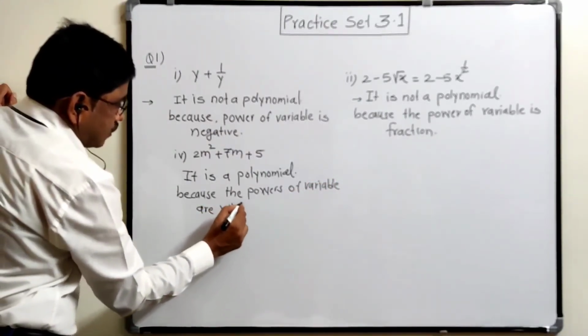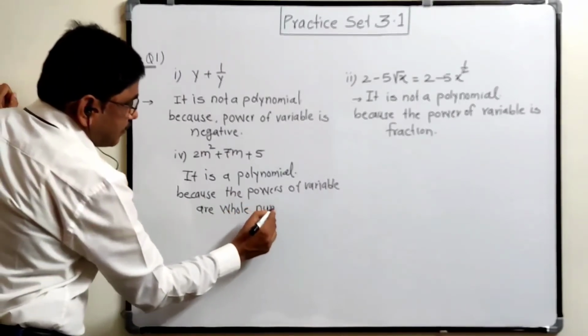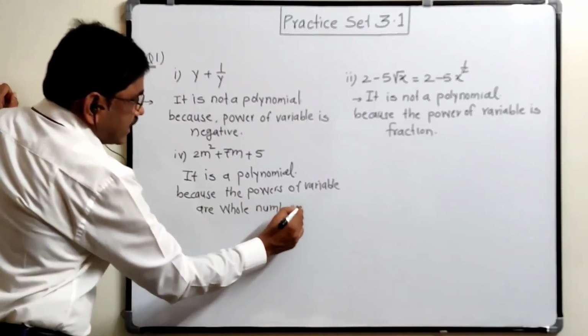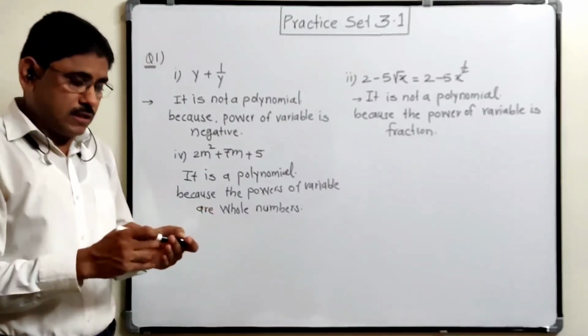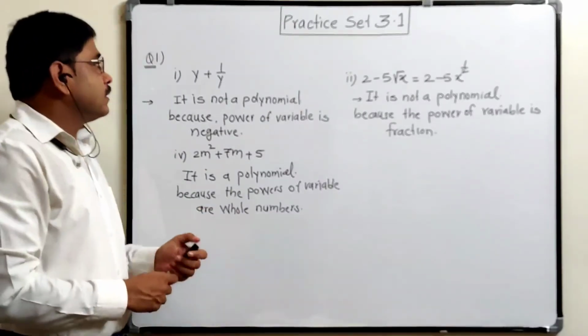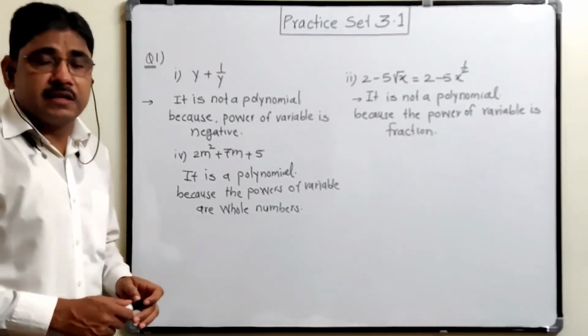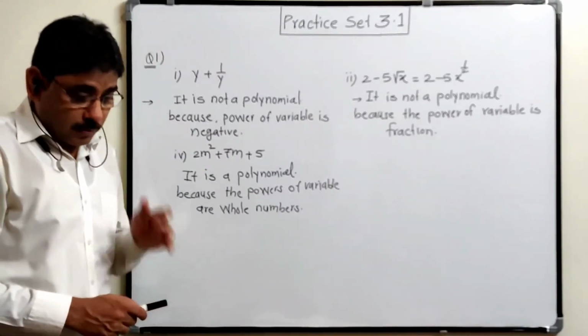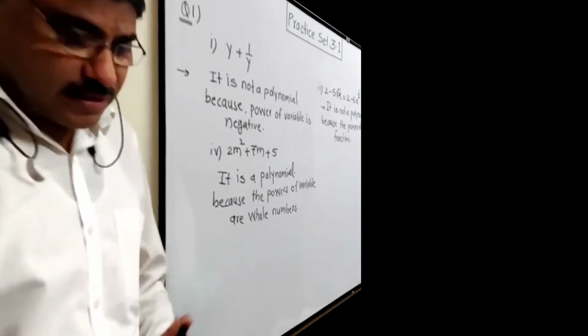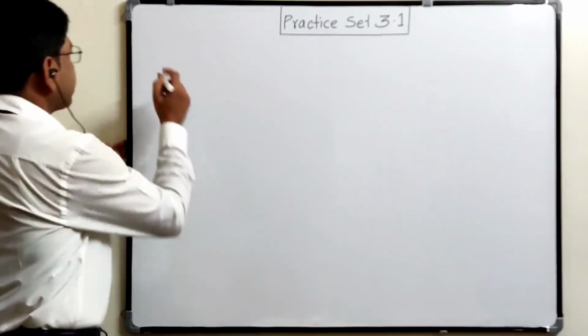Here these are whole numbers, and therefore we can write this is a polynomial. So this is question number 1. State whether the given expression is a polynomial or not a polynomial, and we have to write the reason. So let us see question number 2.